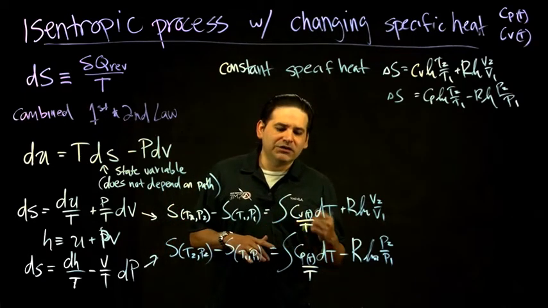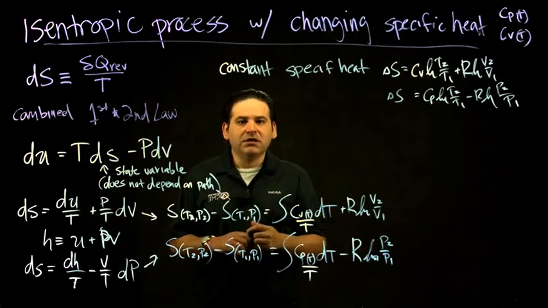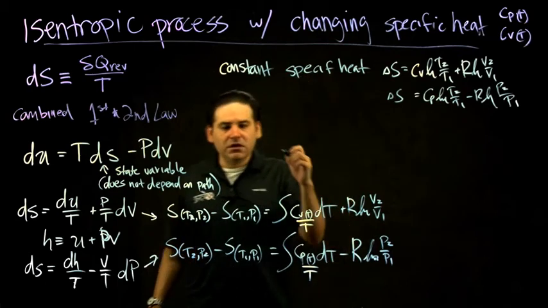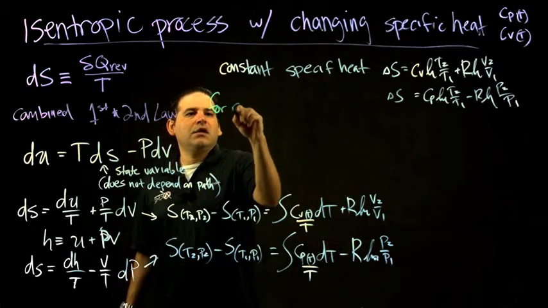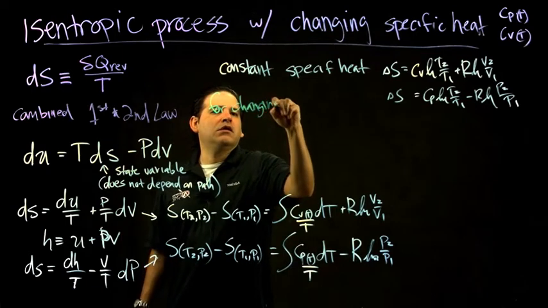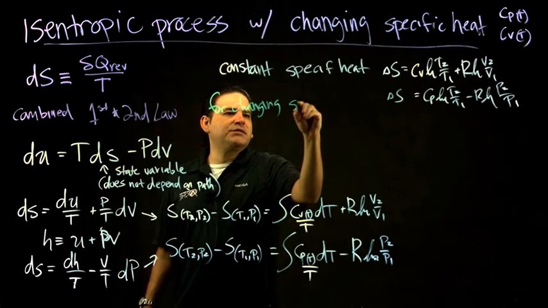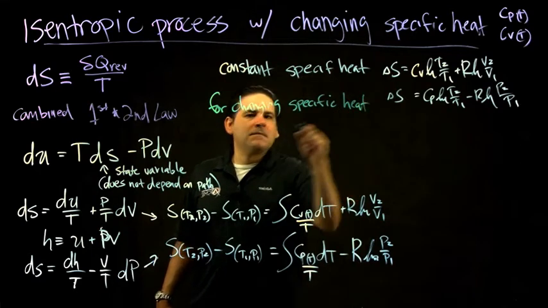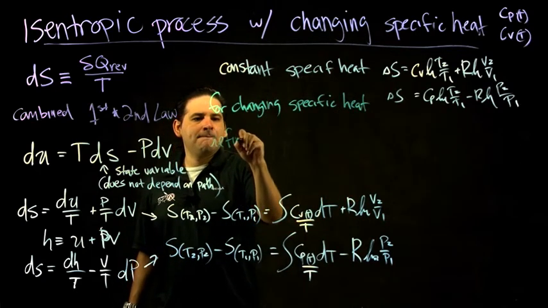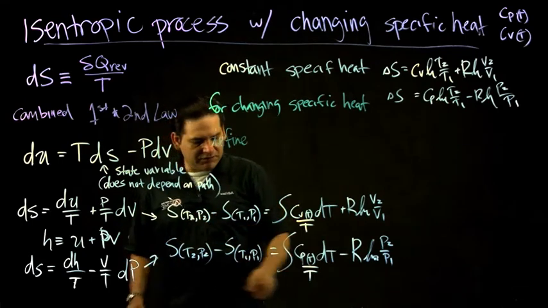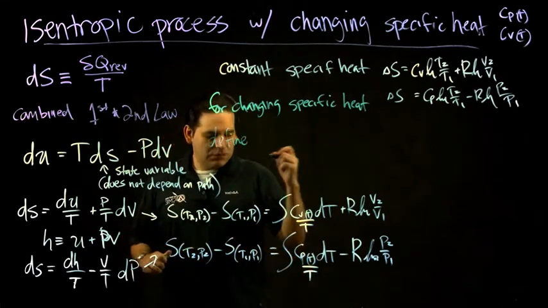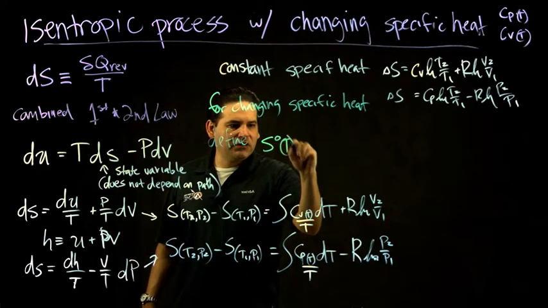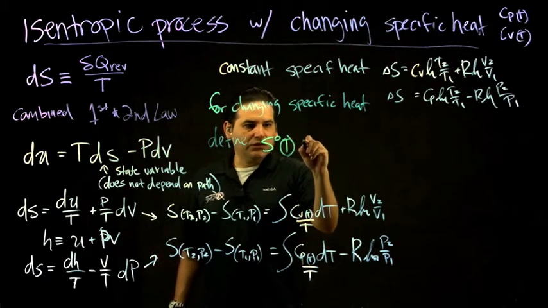So one way to account for this is to use tables. So in the tables, there's been a new, different formulation where you use some reference. So for changing specific heat, define this convenient reference in terms of Cp. So define this reference entropy related to Cp.